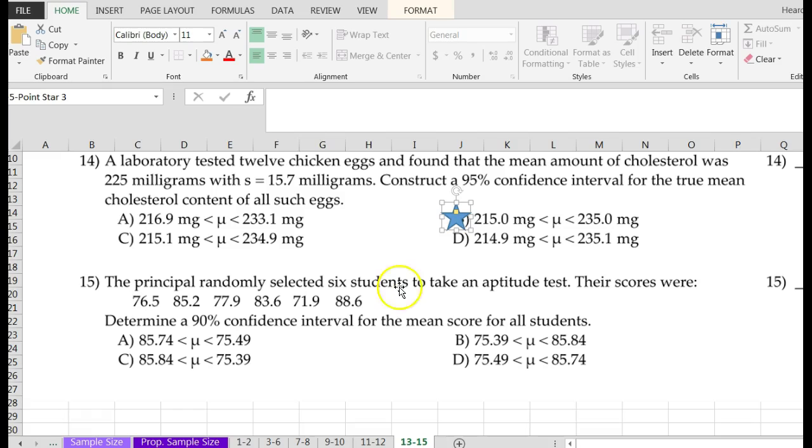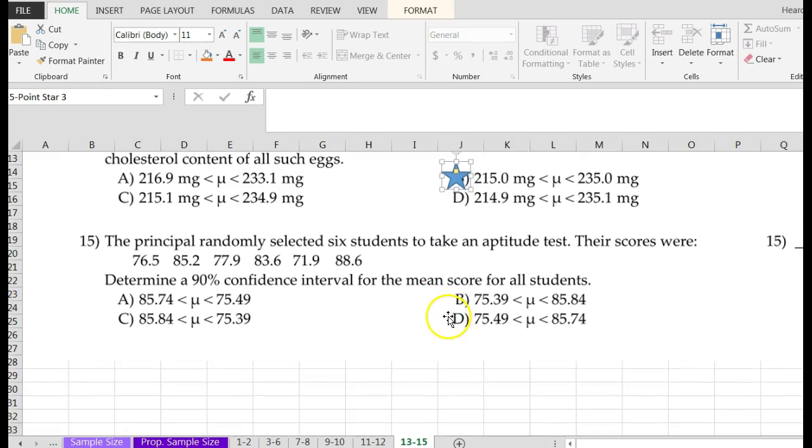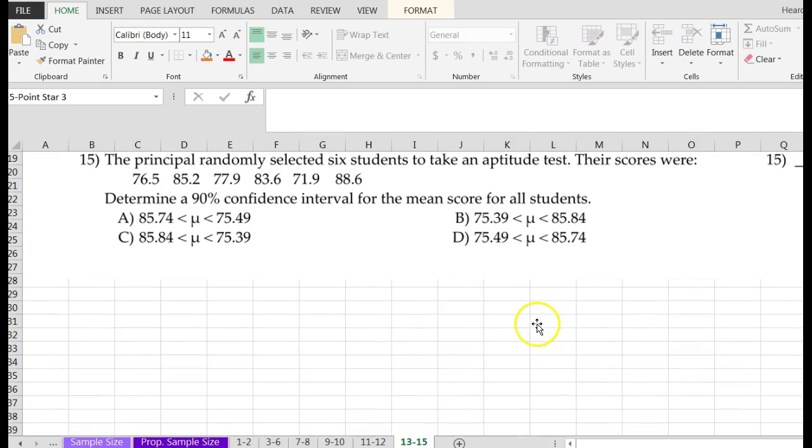I tell you what I'm going to do. I'm going to kind of cheat and come down here, scroll down, and just type them where I can see them. 76.5, 85.2. You say, Brent, why are you doing this? We got to find the standard deviation.